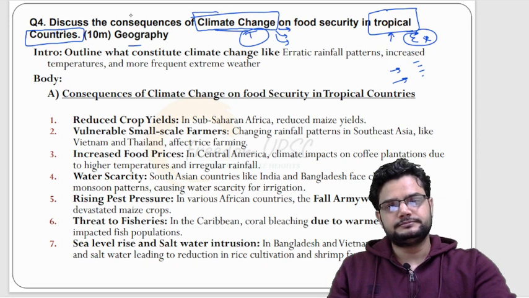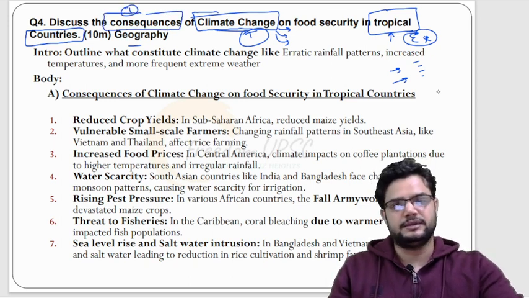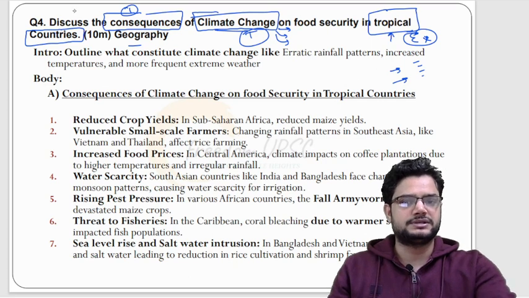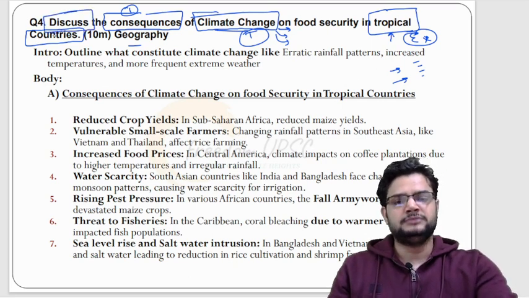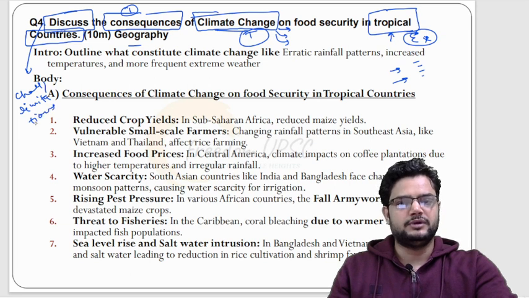Now the first part would be the consequences of climate change. Because the question says discuss, it always means you have to show challenges or limitations and you have to give suggestions on how we can improve.